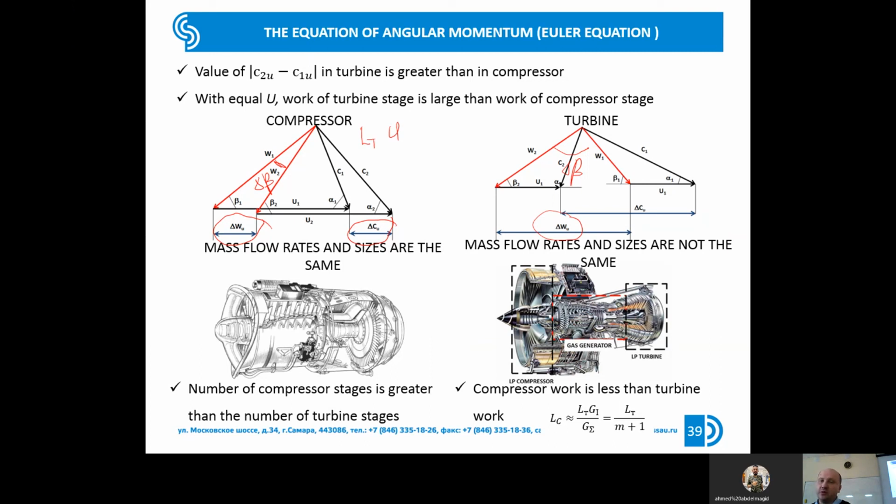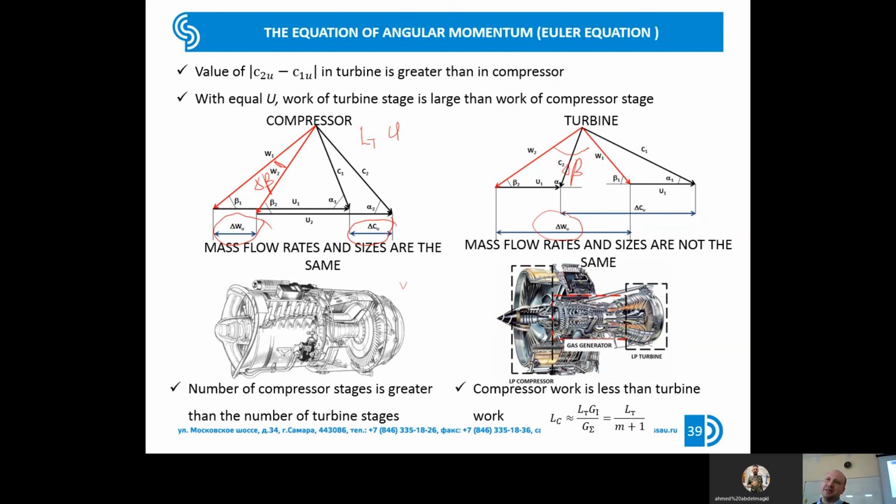But if we look carefully at the bypass turbofan engine, we will find some strange moment. As far as I remember, 4 stages of turbine drive only one stage of the fan. It means this relationship doesn't work. It's a really interesting moment.